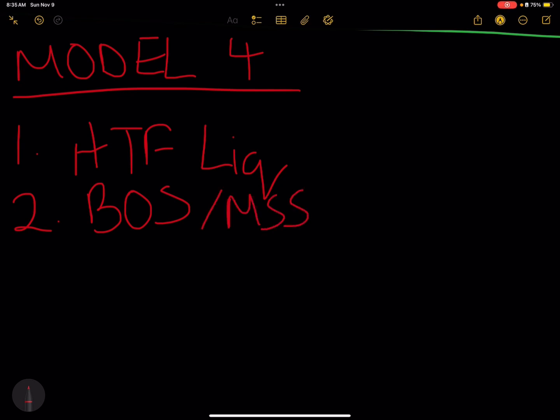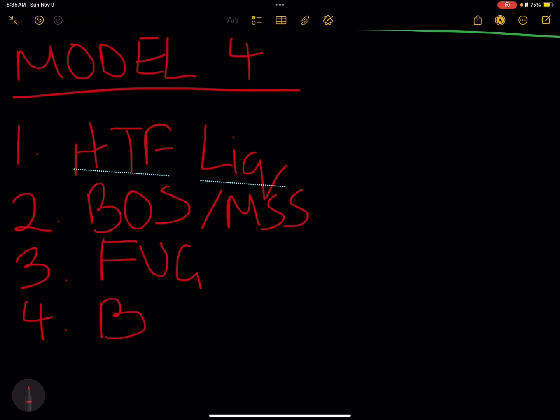I'm just being open-minded. Number 3, there must be a fair value gap, a clean one. Number 4, we should have something like a breaker block. This is for a model when there's a breaker block, a BB.